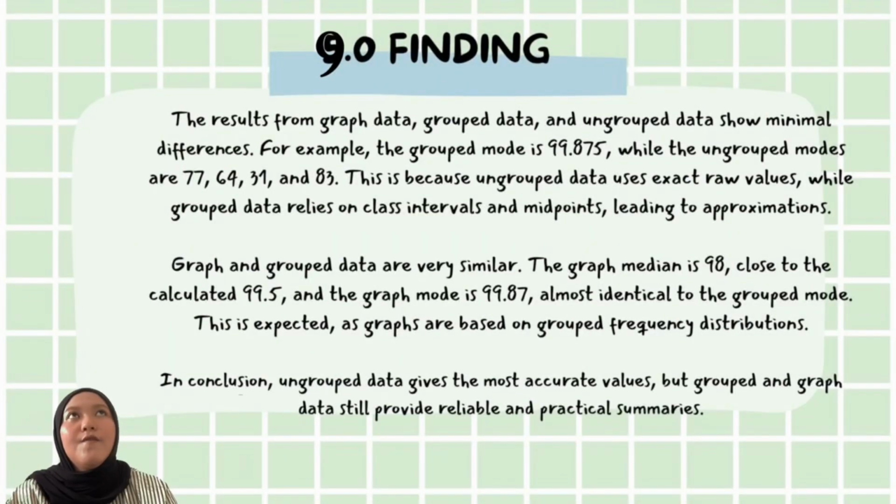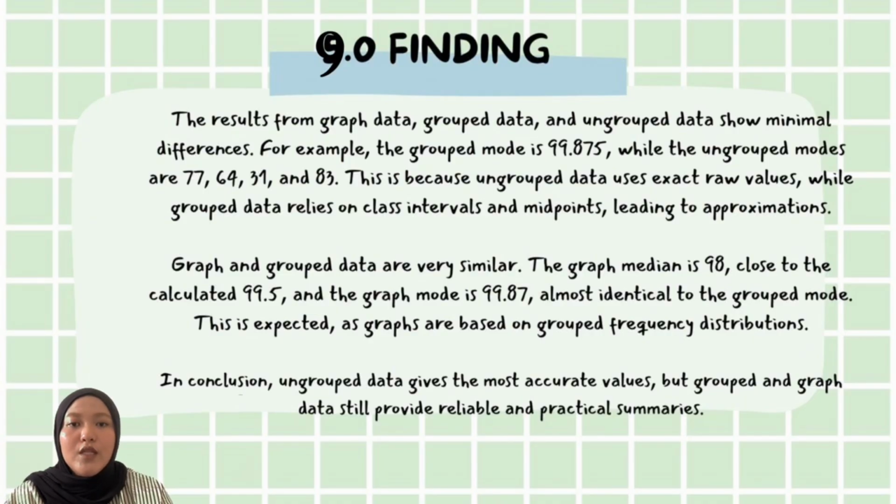Okay, here for 9.0, which is the findings. From the findings, we get that graph data, grouped data, and ungrouped data show a minimal difference.